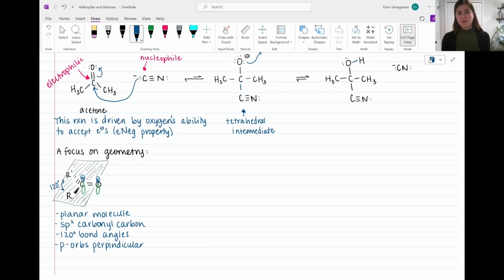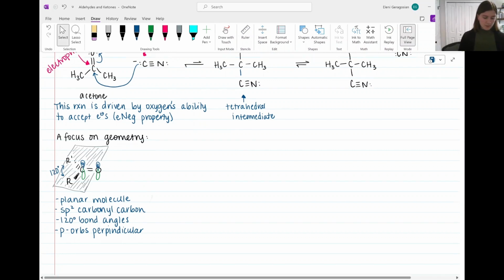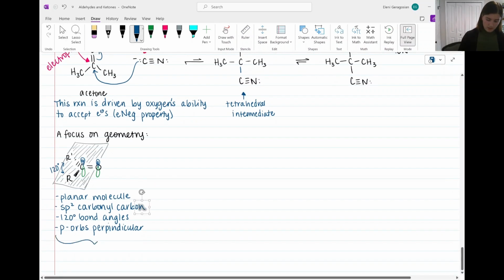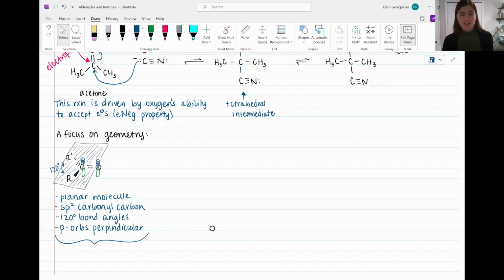The way we've drawn the orientation here, we can say that now the nucleophile can add below the molecule, so under the plane, or it can add above the molecule, so on top of the plane. These two different bonding orientations will result in different stereochemistry in the product.